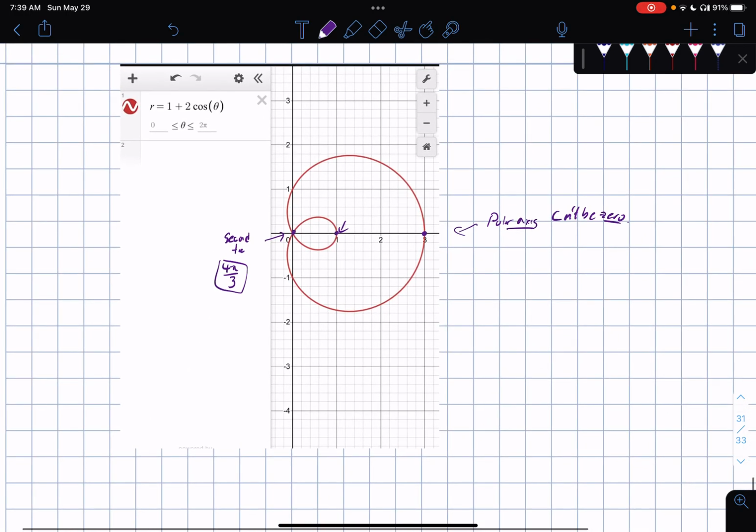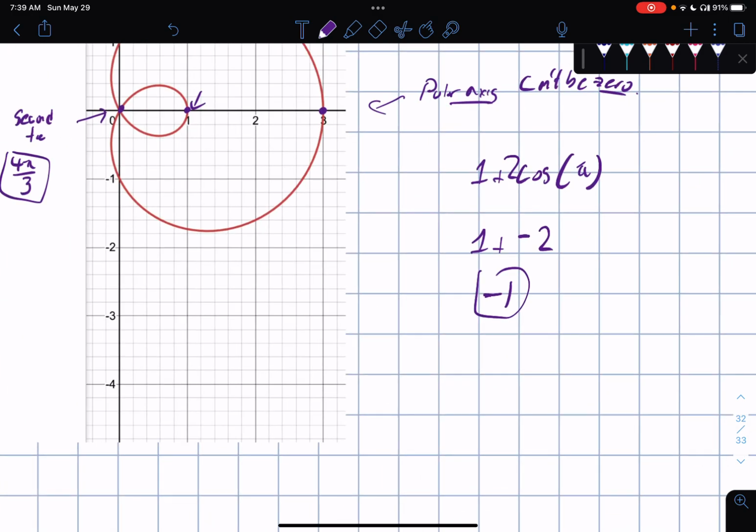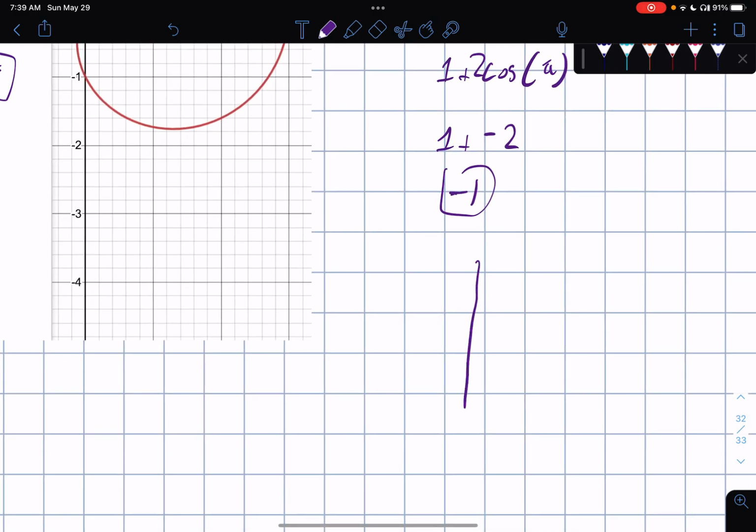So why not plug in pi? Let's plug in pi: 1 plus 2 cosine of pi. 1 plus negative 2 is negative 1. So we're getting a negative radius. But remember that pi is actually here, and with polar coordinates, when you have a negative radius, it gets reflected.